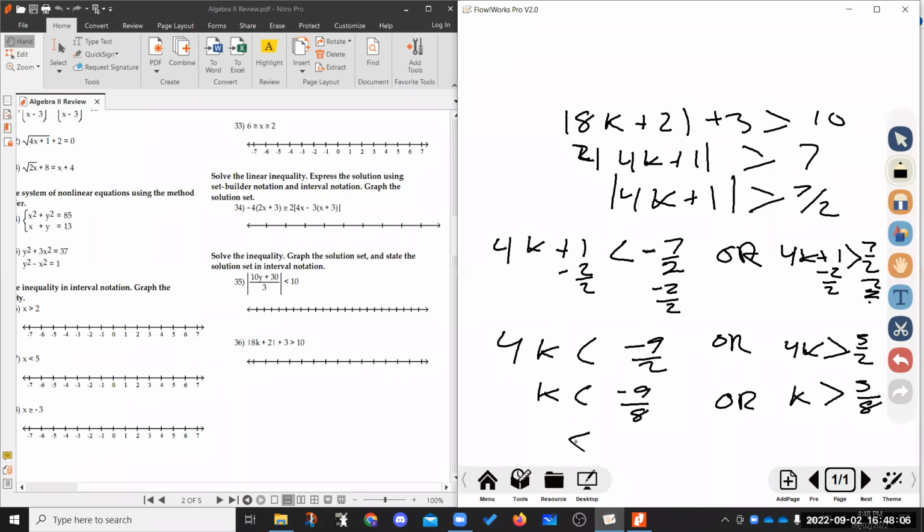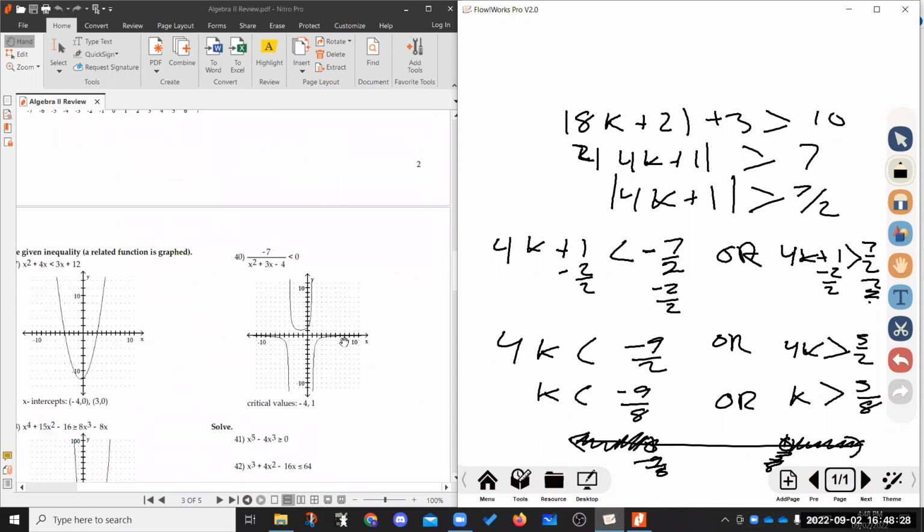This is an or statement. So we have here's -9/8, open circle, less than, here's +5/8, open circle, greater than. See how it's disjoint. We're dealing with a union and not an intersection there.